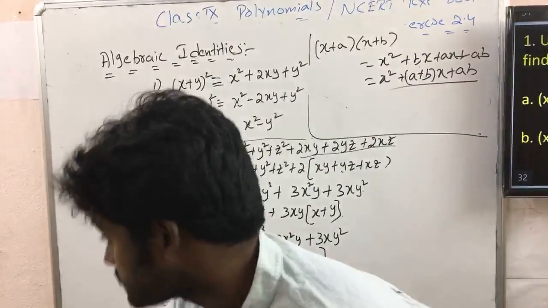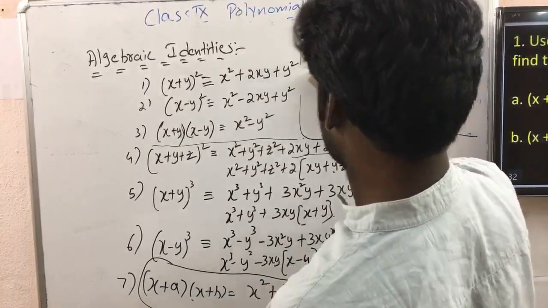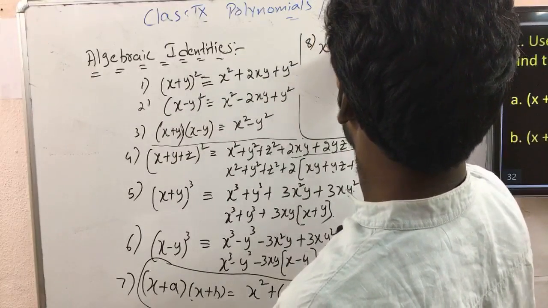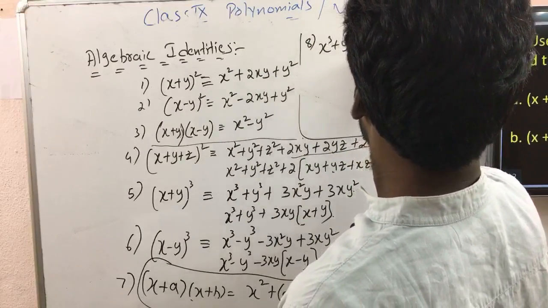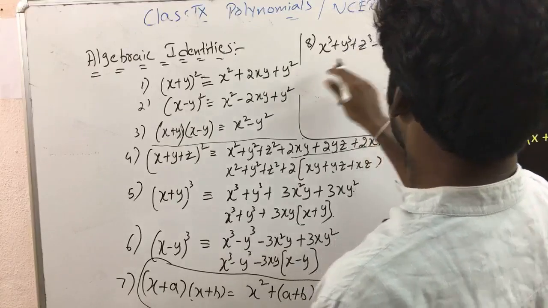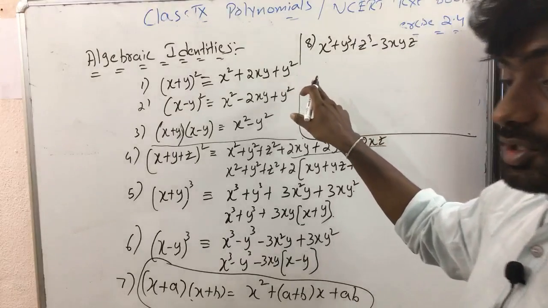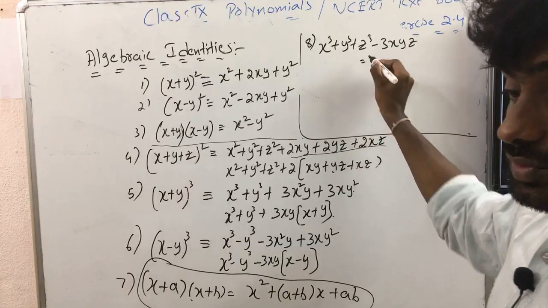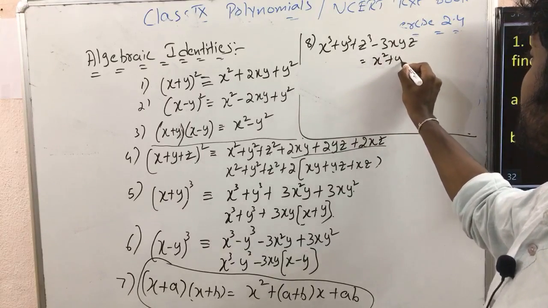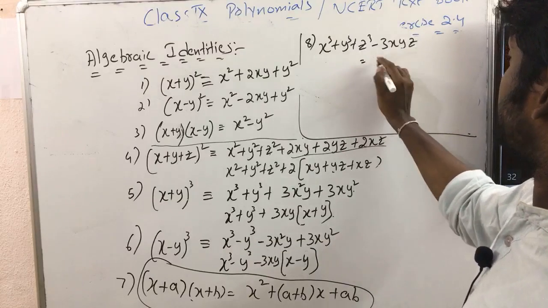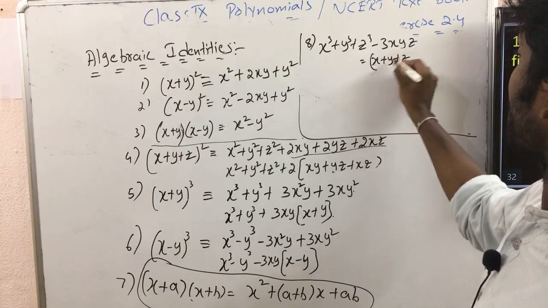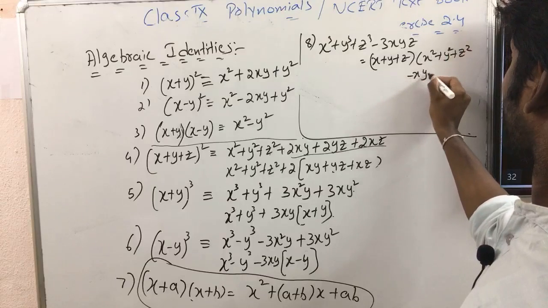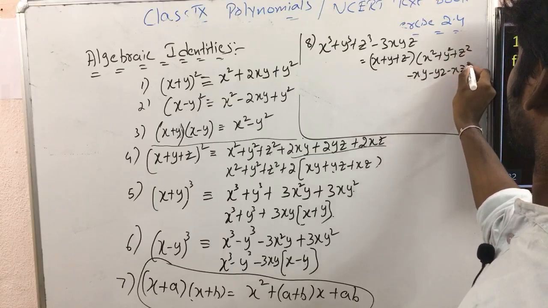Now one more formula is there, the 8th one. x cube plus y cube plus z cube minus 3xyz equals x plus y plus z into x square plus y square plus z square minus xy minus yz minus xz.